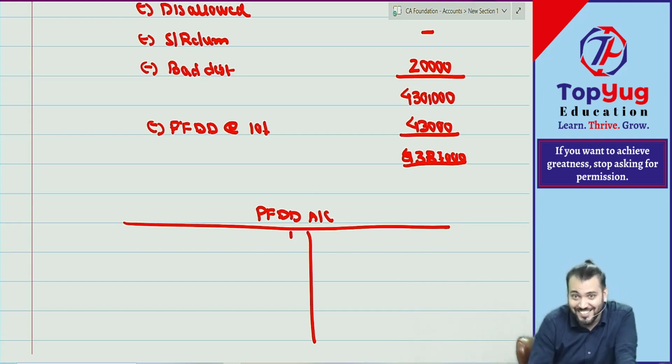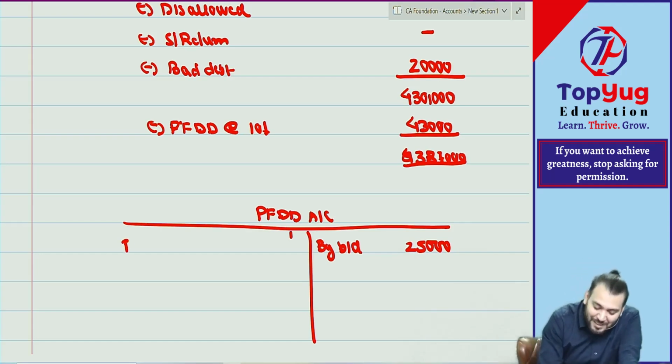Let me check. Opening balance how much? Okay, okay, 43 is correct. Who all said 43? It is correct. Those who gave another answer are wrong. How much bad debt have you written? 20,000?